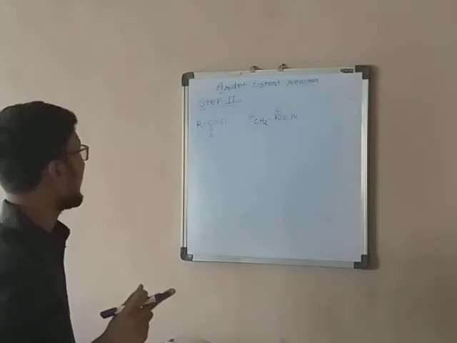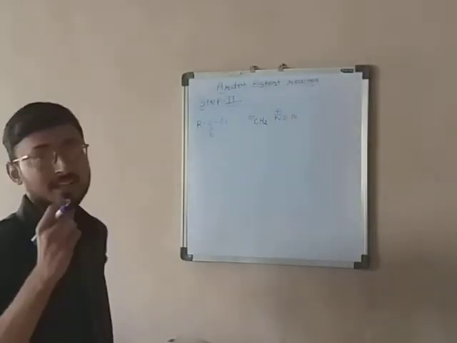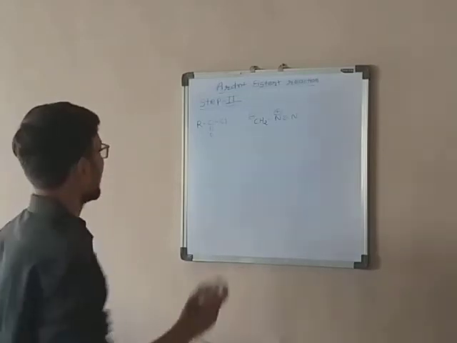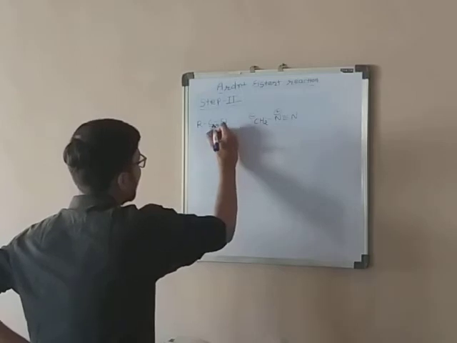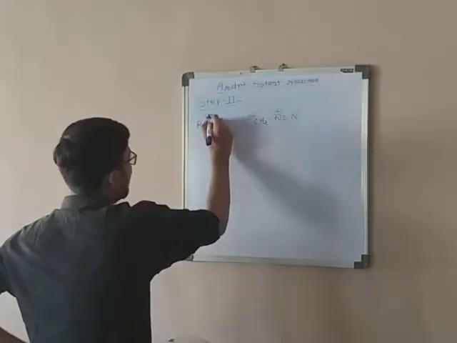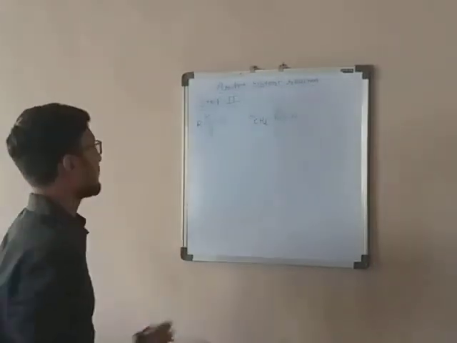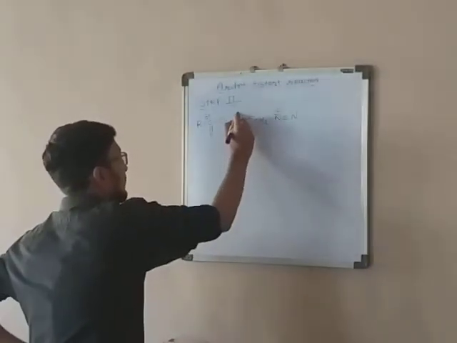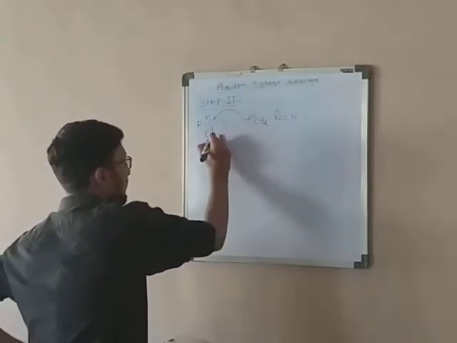So it will attack a carbon or any atom that is electrically positive, right? So we know that a carbonyl carbon is partially positively charged, right? So this negatively charged carbon will now attack that carbon, and this double bond will be broken, right?